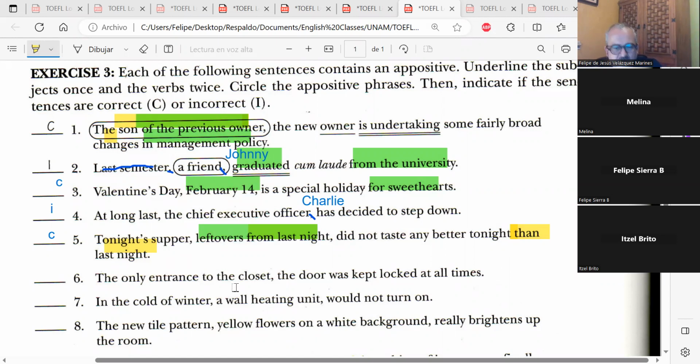Remember that in reductions, we eliminate what is repeated. And what is repeated here: tonight's supper leftovers from last night did not taste any better than they did last night.